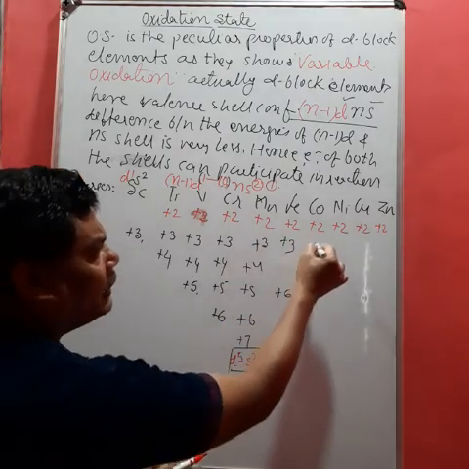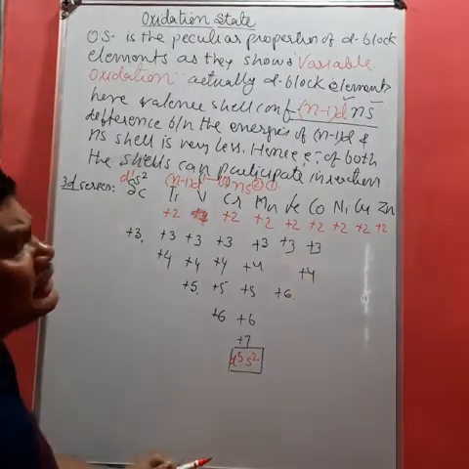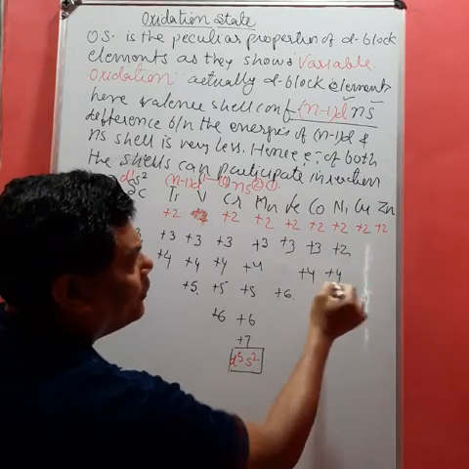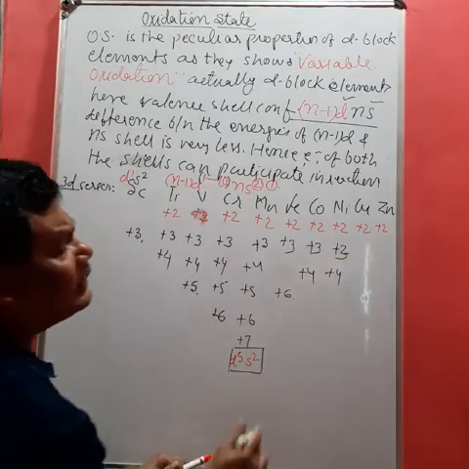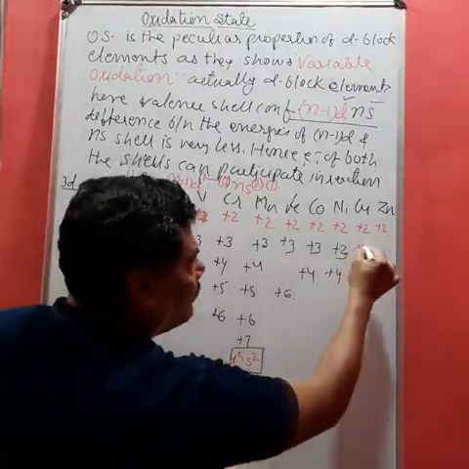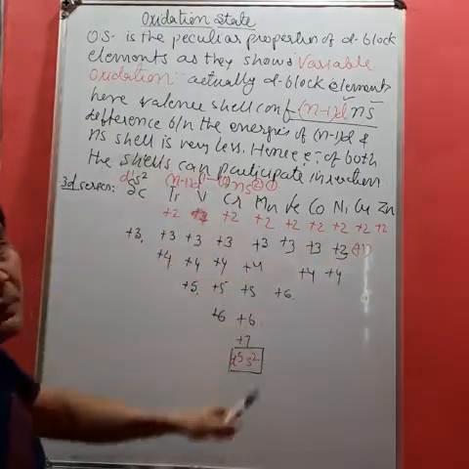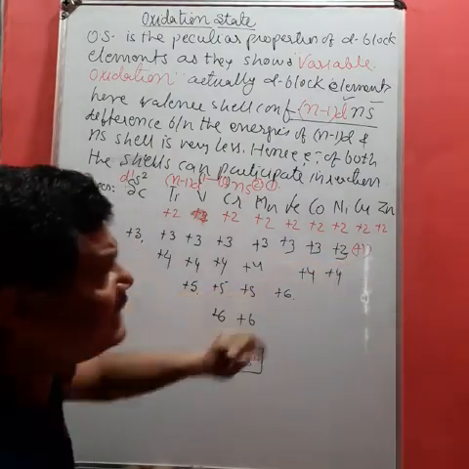Cobalt can show +2, +3 and +4 oxidation states. Nickel can show +2, +3 and +4 oxidation states. While the copper can show only what now? +1 oxidation state, because its +2 form is more stable and the +1 form is less stable because it can reduce easily.